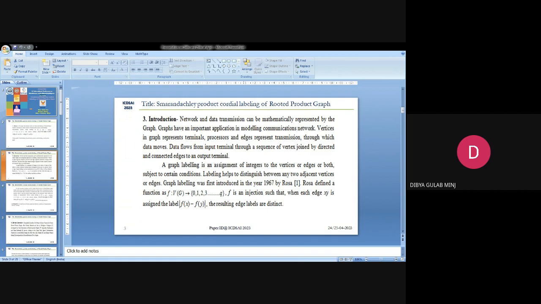So a new interconnection network topology, which is called the rooted product graph, has been introduced, which satisfies the condition of Smarandakle product coded labeling on G. Such a labeling f where V of G tends to {0, 1} with induced labeling f of u, f of v on edge uv which belongs to E of G satisfies the condition of Smarandakle that I have already mentioned. So the objective of my paper is to label the rooted product graph that fulfills the condition of Smarandakle product labeling.